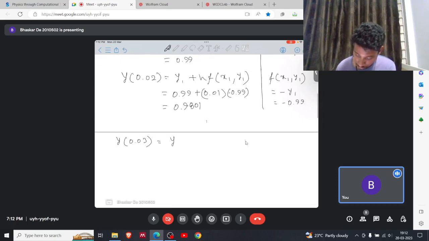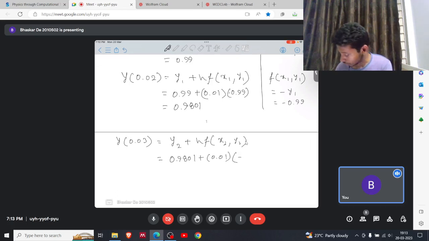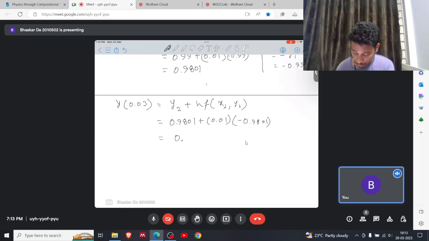So this one will be y2 plus h f of x2 y2, so 0.9801 plus 0.01 multiplied with minus 0.9801, which gives 0.9703.